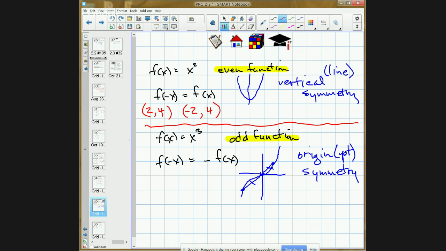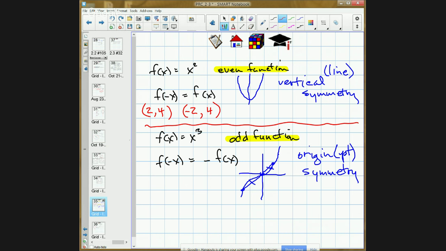Now, a little bit of caution. You notice how even functions have the even exponent up here, x squared, whereas the odd function has the odd exponent. Be cautious though. That doesn't always work, because if you have a more complicated function like x cubed plus 2x squared minus 4x, you've got to be careful.